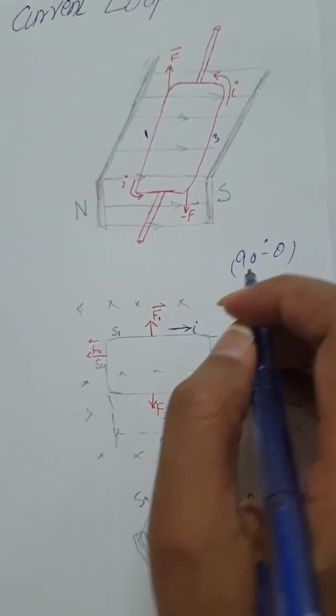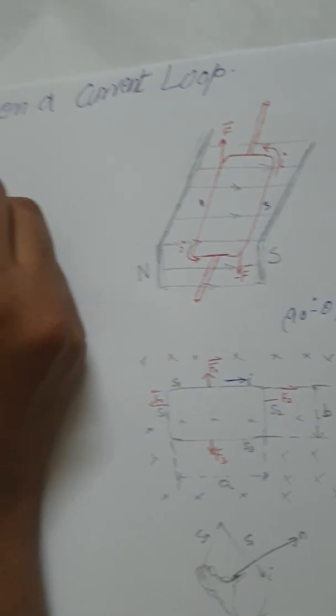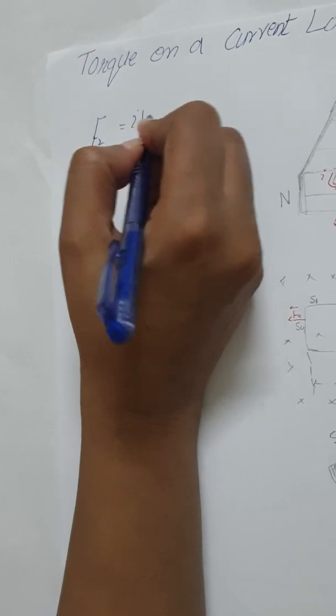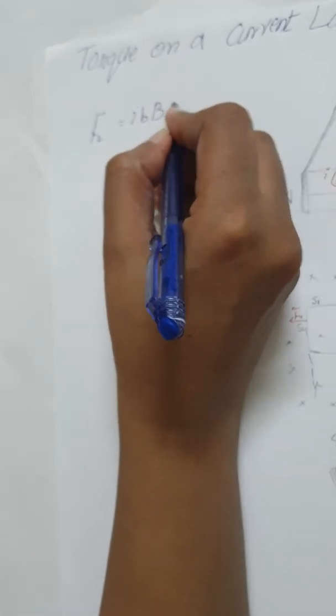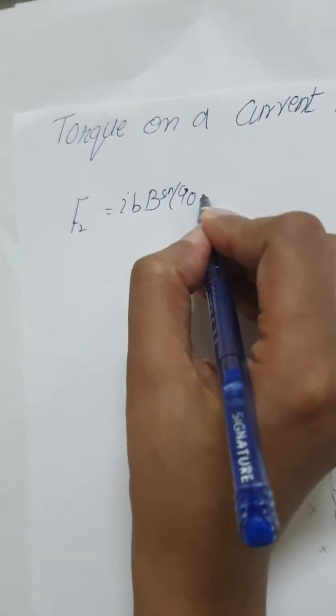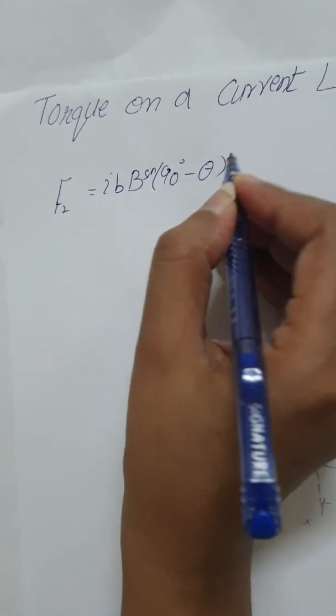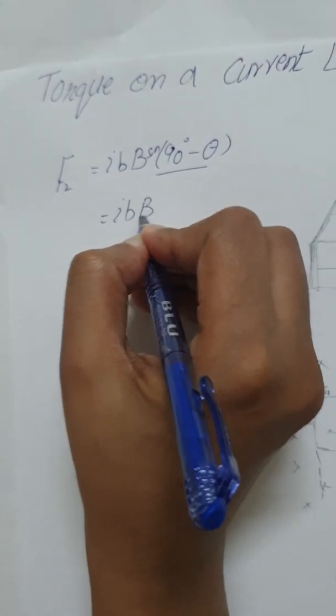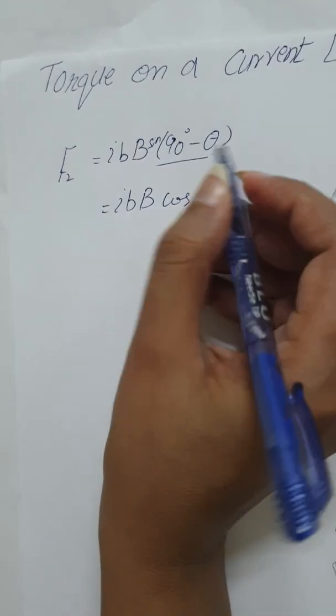So the magnitude of the force acting on this side would be, we know, F is equal to ILB. From that equation, with IB and the angle sine of 90 minus theta, which is equal to cos theta, we get IBB cos theta.